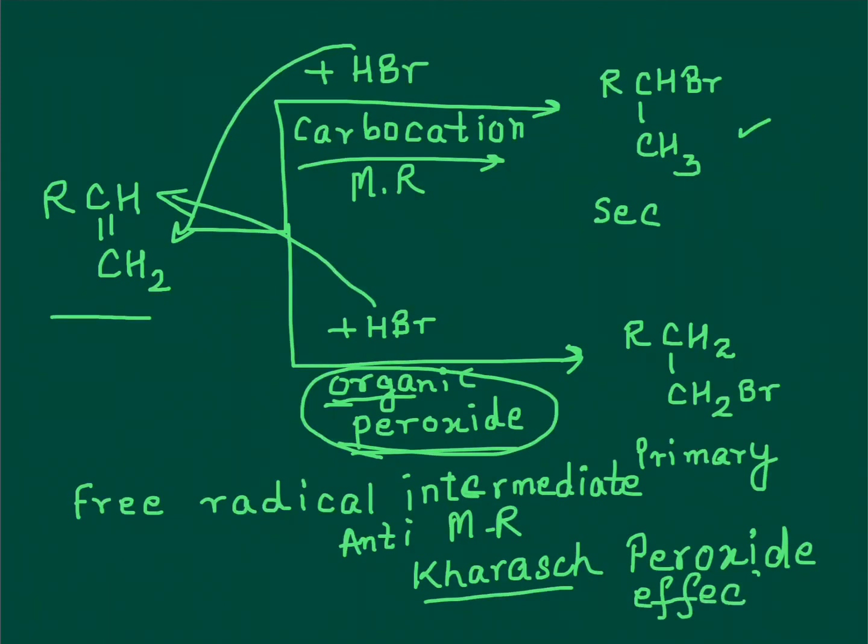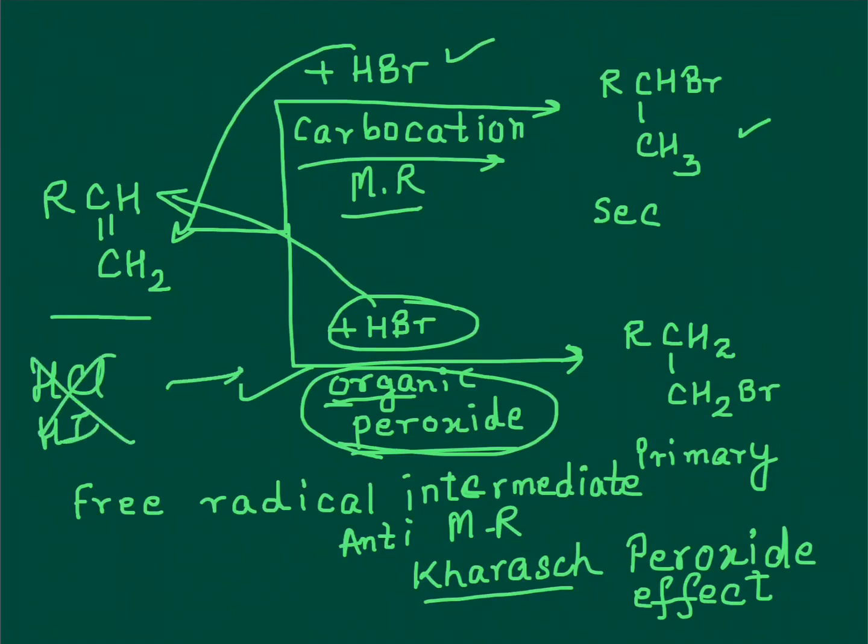Peroxide effect. But you have to remember, I am not taking any hydrogen halide over here, because this type of deviation from Markovnikov rule is shown only by HBr in the presence of an organic peroxide. HCl, HI, no, they are not showing this deviation from Markovnikov rule.